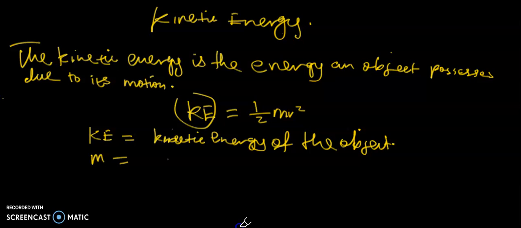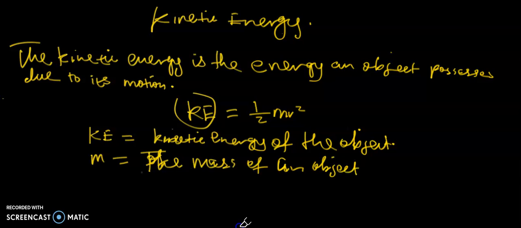M is the mass of that object. Then we have V, which represents the velocity of the object.